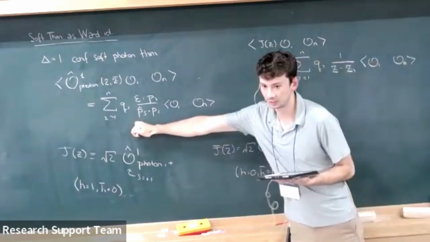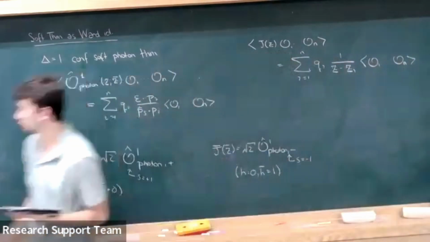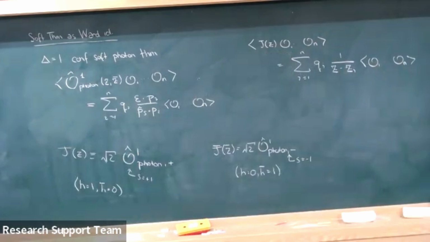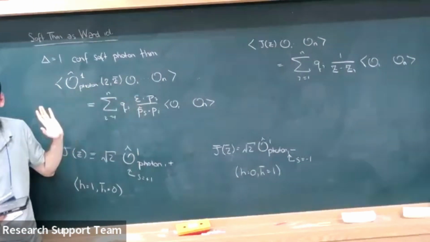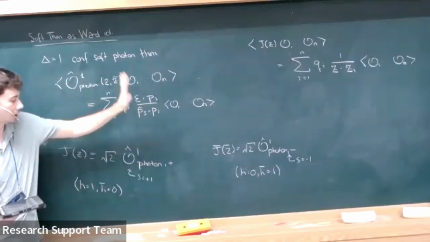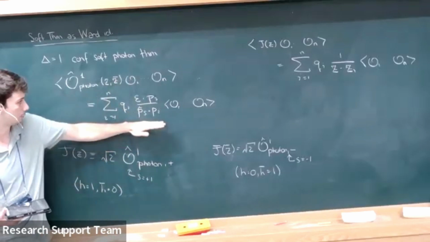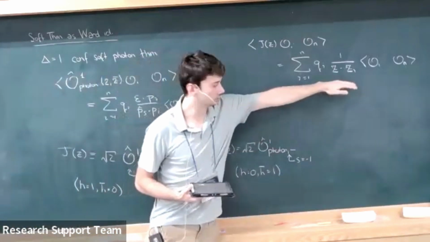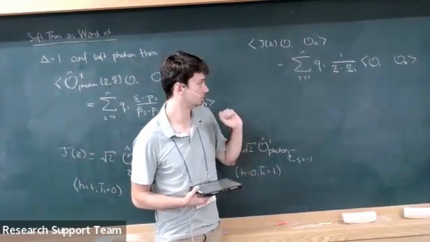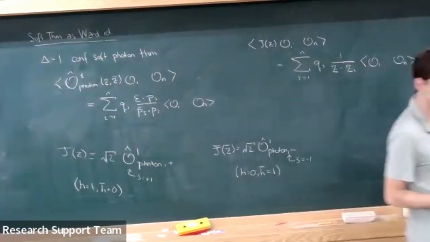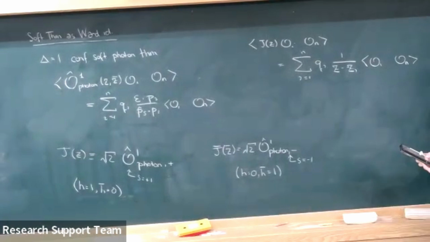Well, all I've done is I've put in this momentum parameterization here in terms of z and z bar. And there's a similar way to parameterize the polarization vectors. Okay, so all I've done is a little bit of algebra. And with that bit of algebra, you can get from this expression to something that looks like this. Okay, and this is very suggestive from 2D CFT if you've seen things like this before.